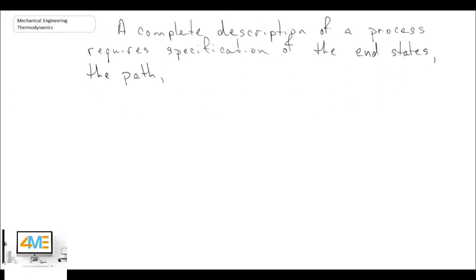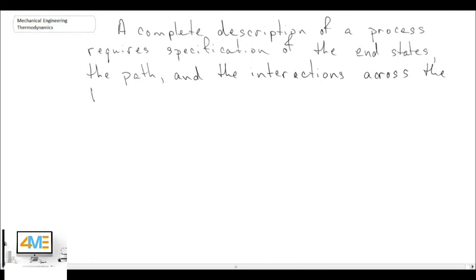And the other thing we need to know is, remember we're dealing with systems, we need to know the interactions across the boundaries. So what can cross the boundaries?